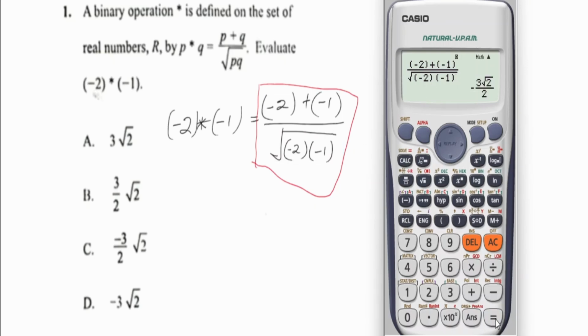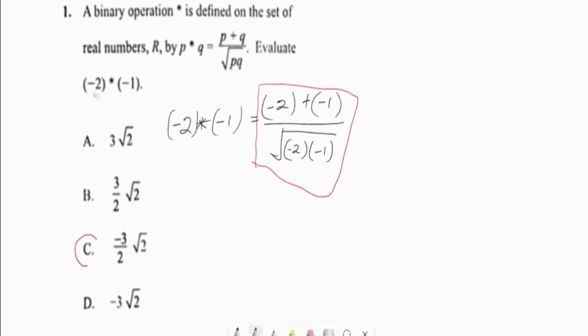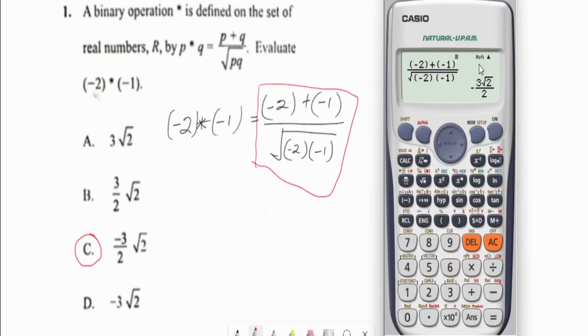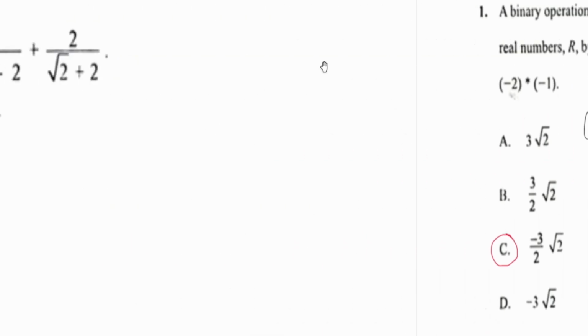Then you just press equal to, and our answer is -3/2 root 2, or -3 root 2 over 2, which is the same thing. So looking at the options here, option C becomes the correct answer because that is another way of writing this. All right, let's move on to the next question, which is question 3.